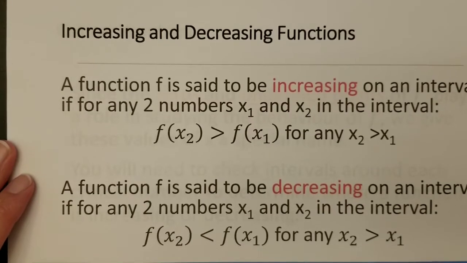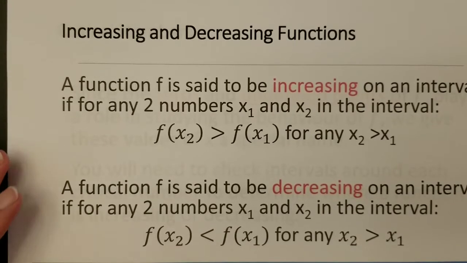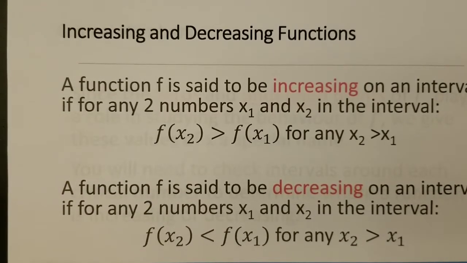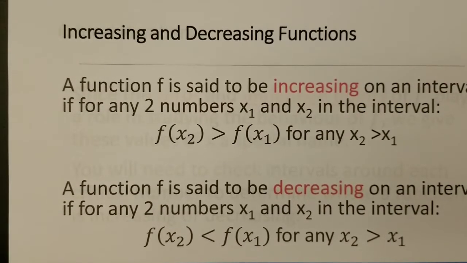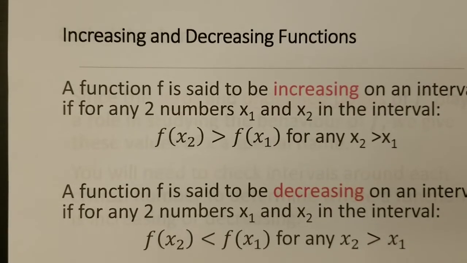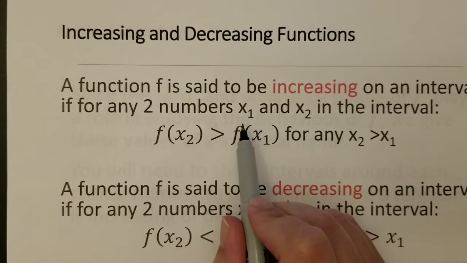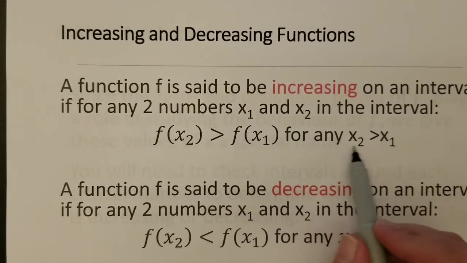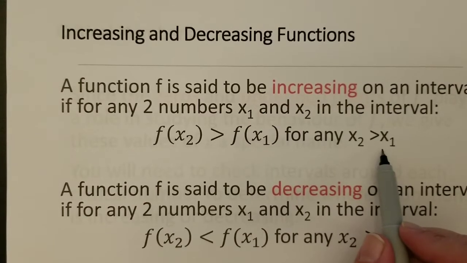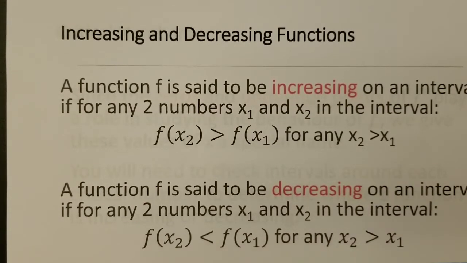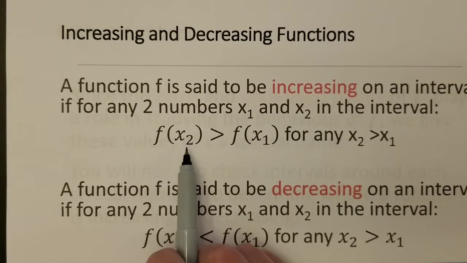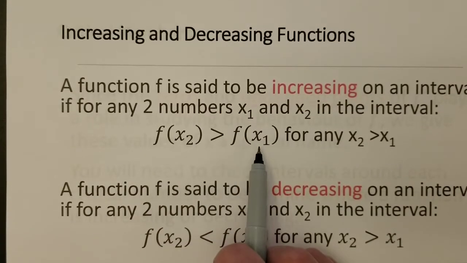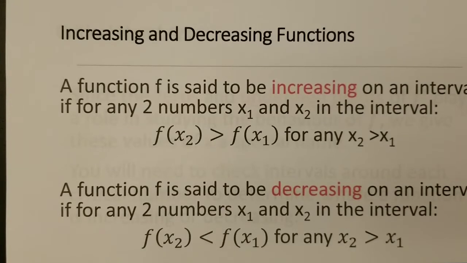And I know that you guys will have a good kind of conceptual understanding, even right from when we started linear graphs in grade 9. Increasing goes up, decreasing goes down. But the formal mathematical definition of that tells us that in an interval for any two numbers x1 and x2, if x2 is bigger than x1, so these are in order, x1 is the smaller x value, x2 is the bigger one, that f at x2 must be greater than f at x1 for all values in that interval.